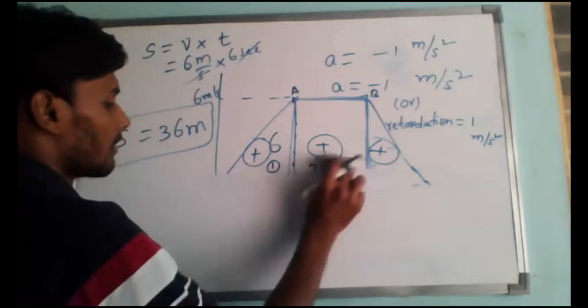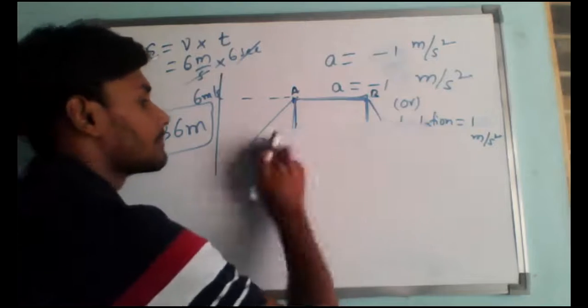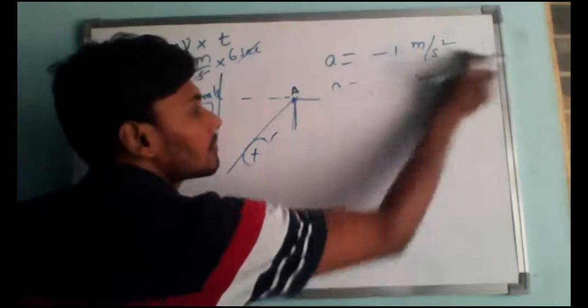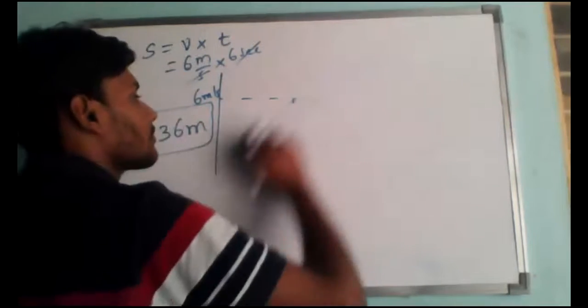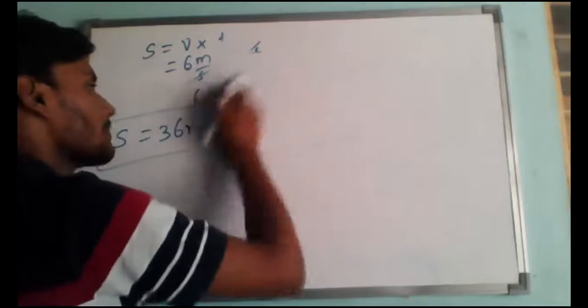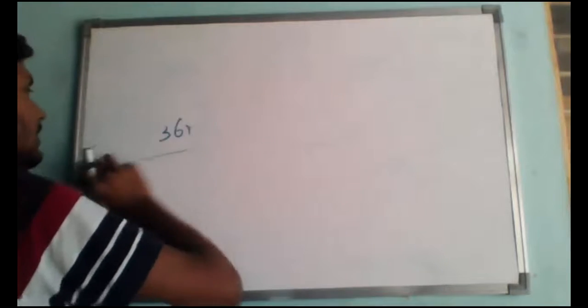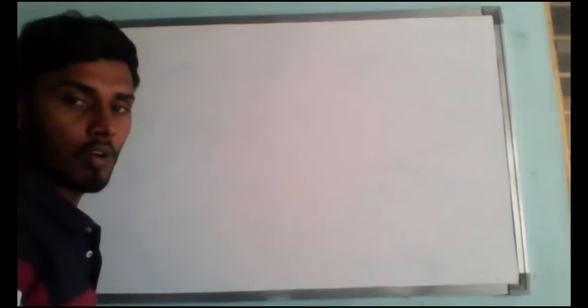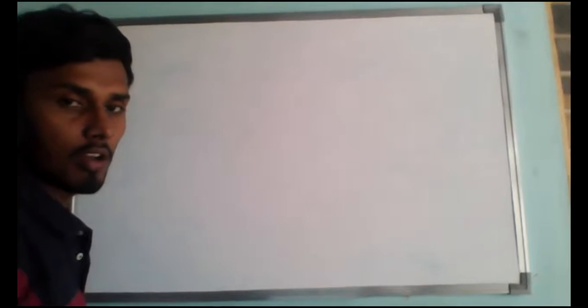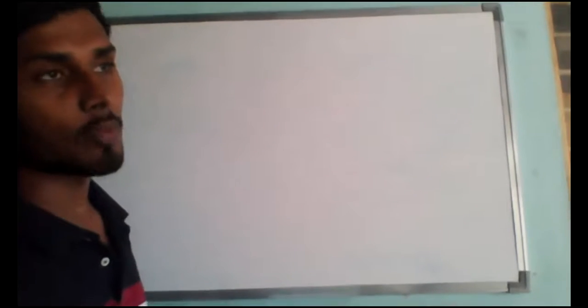Yes, sir. What are the equations? Can you say? Tell me, the 3 equations of motion you have studied, correct? S is equal to ut plus half at square.